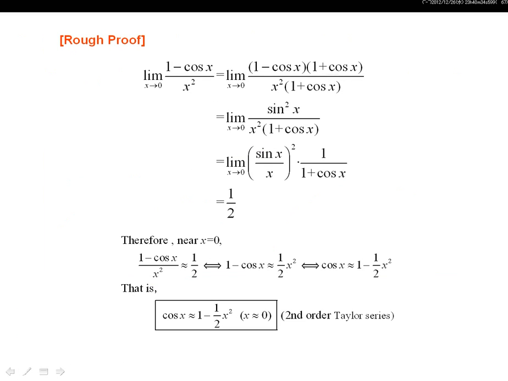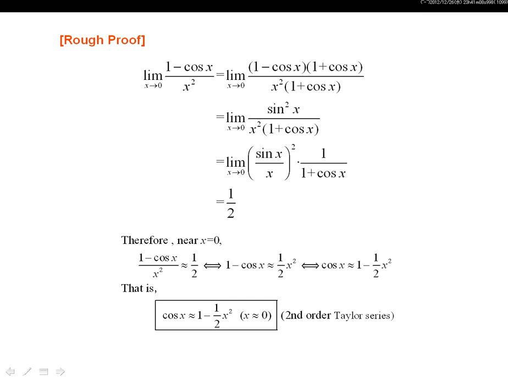This is a rough proof. The limit as x goes to 0 of (1 minus cosine x) over x squared equals, by multiplying 1 plus cosine x to both denominator and numerator, the limit as x goes to 0 of sine squared x over x squared times 1 plus cosine x, which equals the limit of (sine x over x) squared times 1 over (1 plus cosine x).